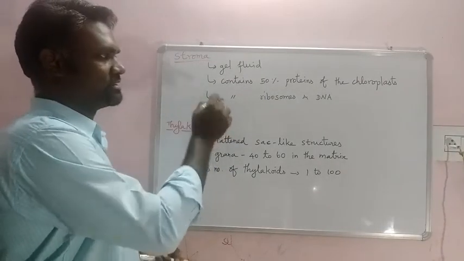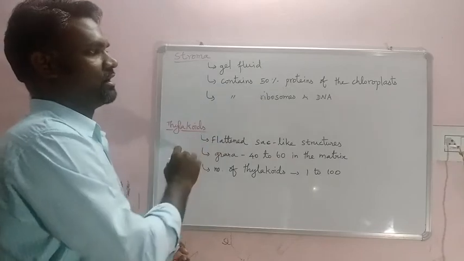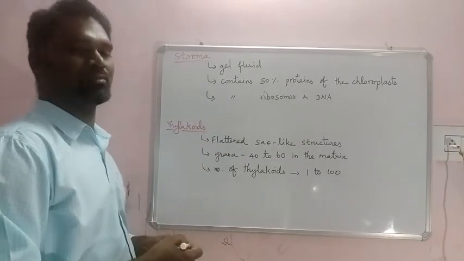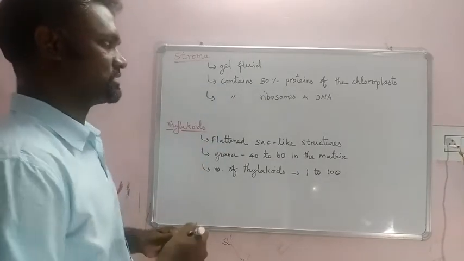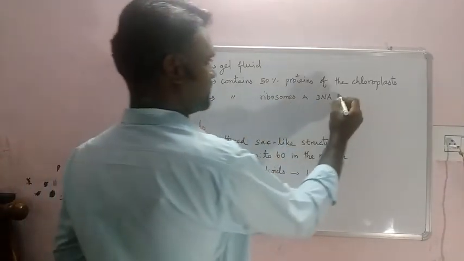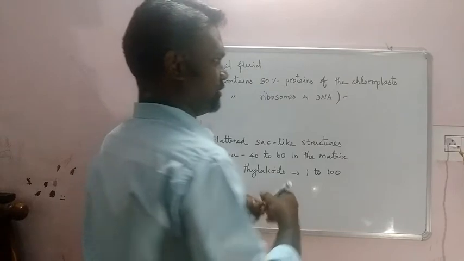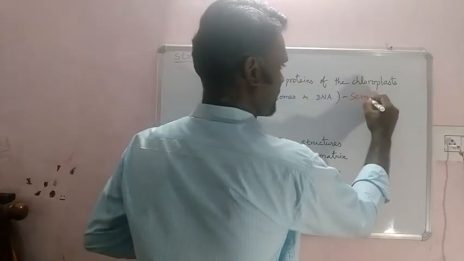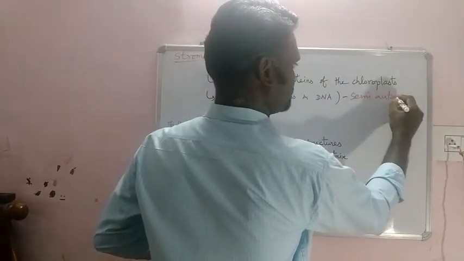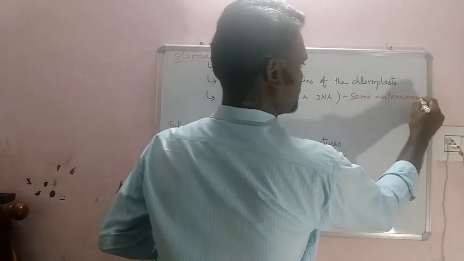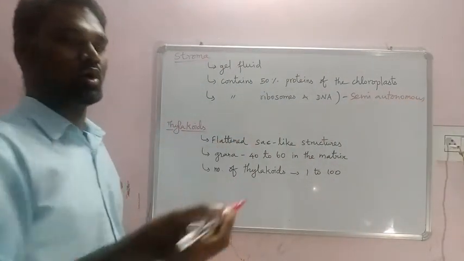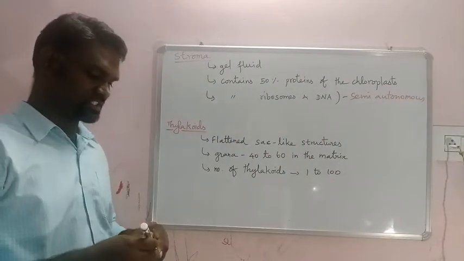And this stroma is the portion actually containing the ribosomes and DNA. I told you at the beginning also, because of this presence only, they are semi-autonomous in nature. Right, guys? So it means they can control their own functions and own structure.